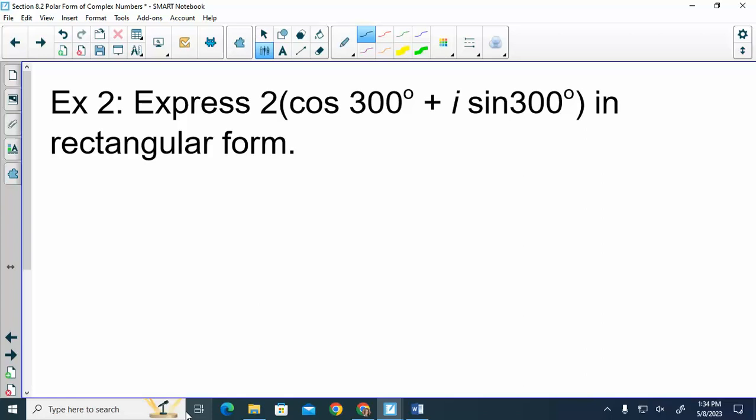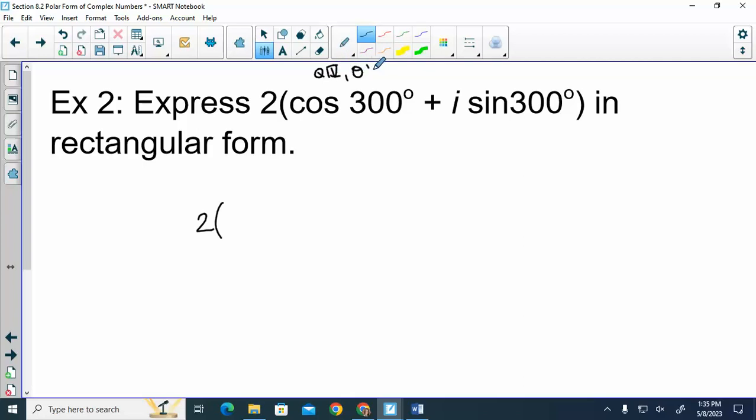So rectangular form doesn't have sines and cosines. So what do you think you would do? Don't we know cosine of 300? So 300 degrees, what quadrant is that in?